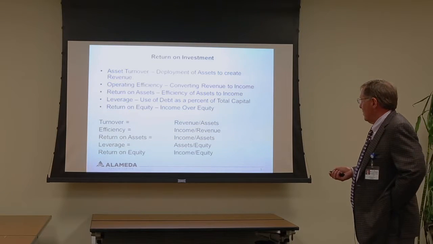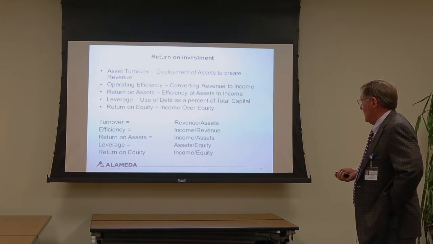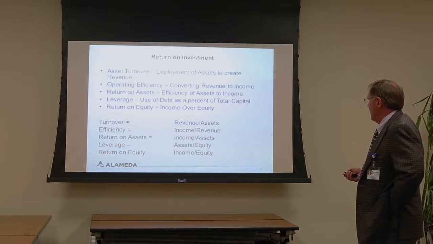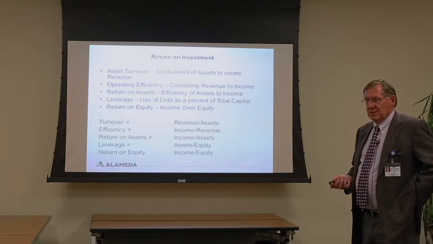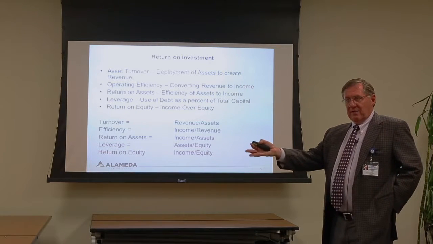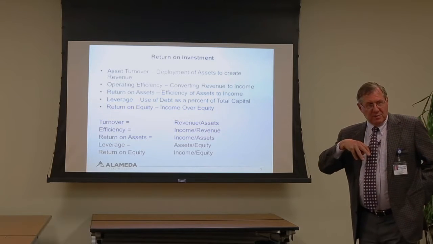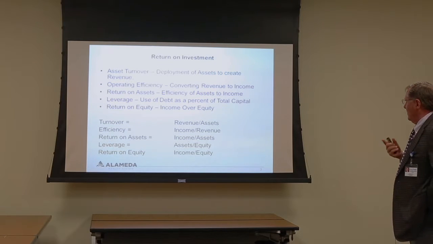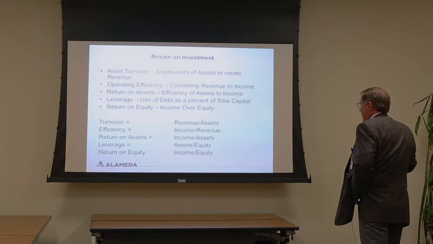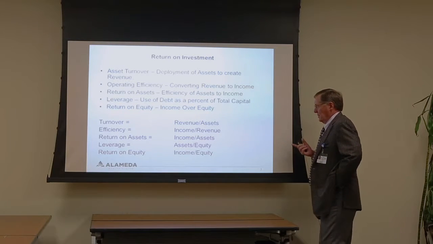So then the next thing is called return on investment, or return on assets, this is actually ROI, which is income over assets. Okay, so that means if we made an investment, how much income comes back to us. Now, if any of you had, I guess it's algebra, you'll notice something here.